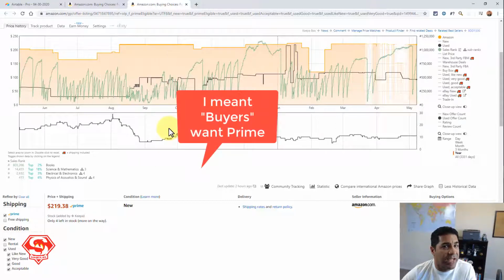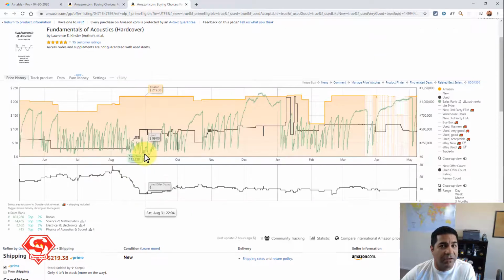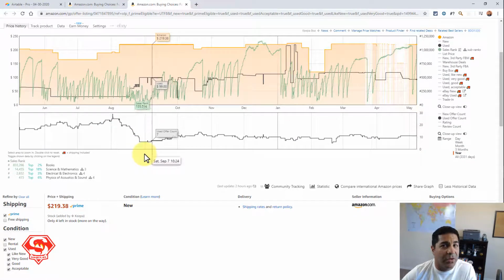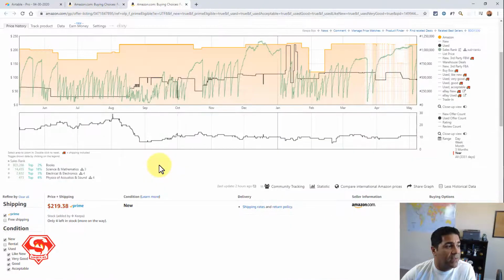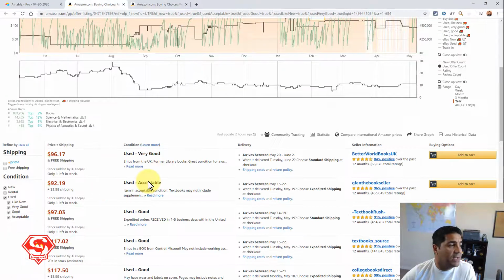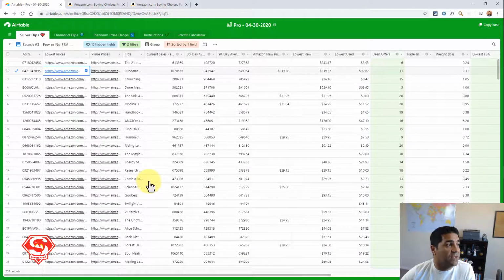They just filter Amazon and say, I want to look for this book Prime, and guess what? It's a bargain at $169, used in very good condition, as opposed to spending $220 new from Amazon. Okay, really good example. So that's the power of using search number 3.